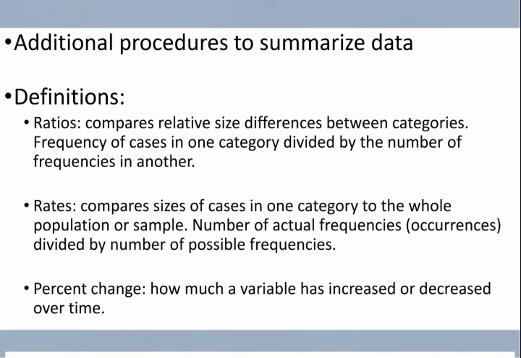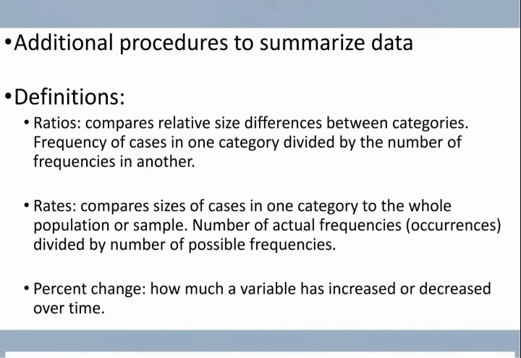So it tells us the ratio or proportion of two different groups in a sample. Rates, on the other hand, compare the size of cases in one category to the entire population. Right? So while ratios compare two categories, rates compare one category to the entire sample.